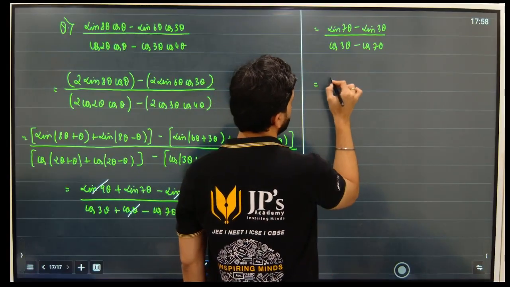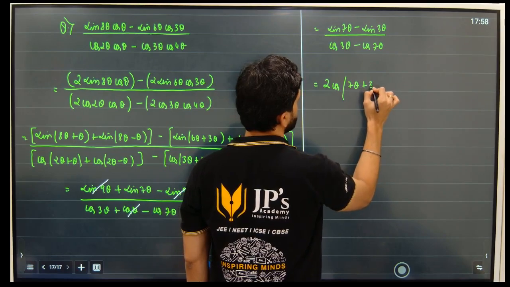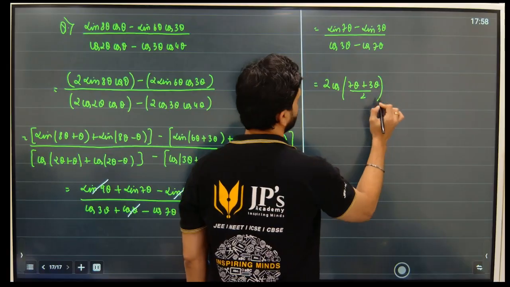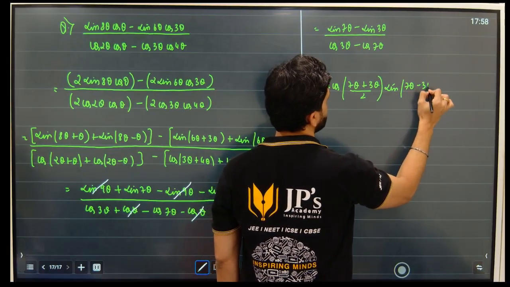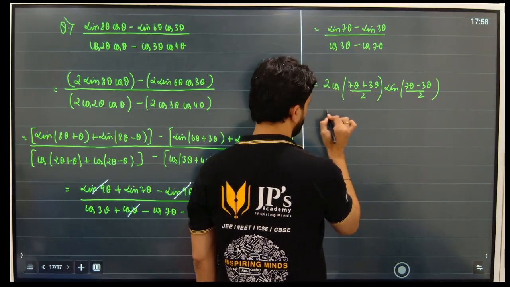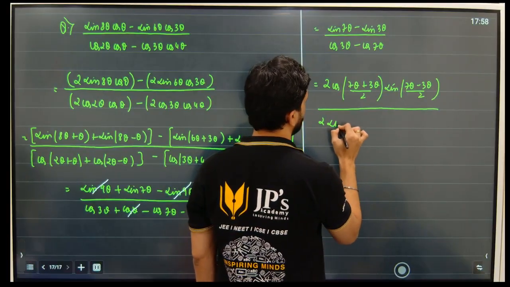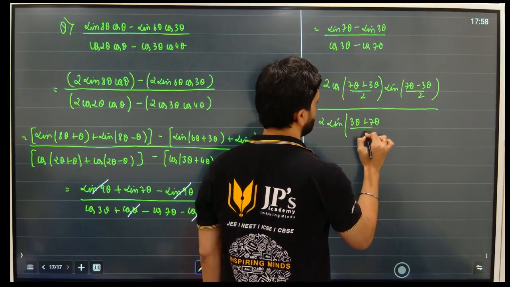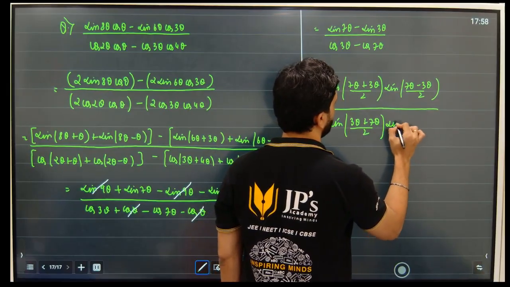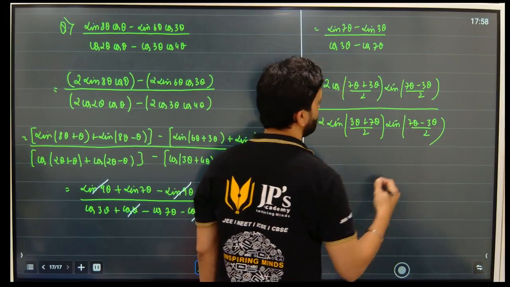And sin c minus sin d is 2 cos (c plus d) by 2 sin (c minus d) by 2, the whole upon 2 sin (c plus d) by 2 into sin (d minus c) by 2.